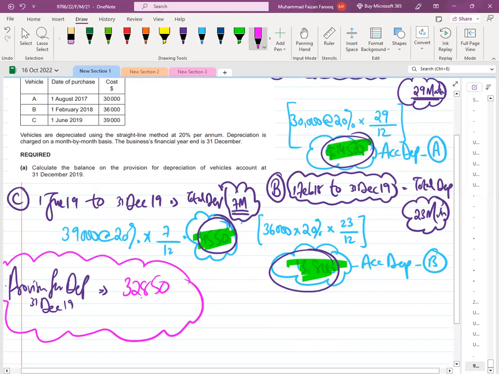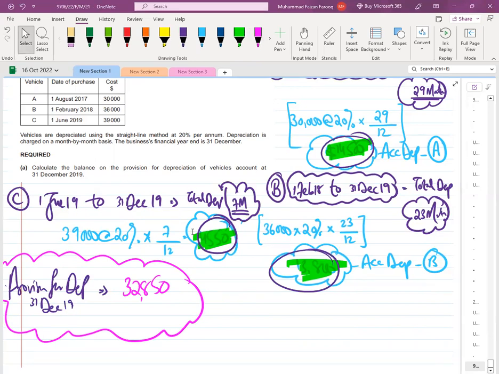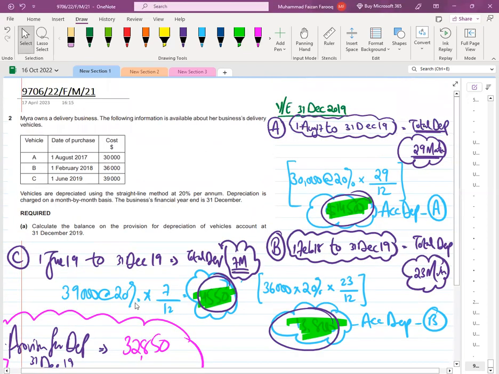This is very easy, but the trick is different. Usually we do the year by year method because the examiner usually asks for reducing balance. But if it asks for straight line method, we can apply this shortcut and earn full marks. There are 4 marks for this working. Any questions?